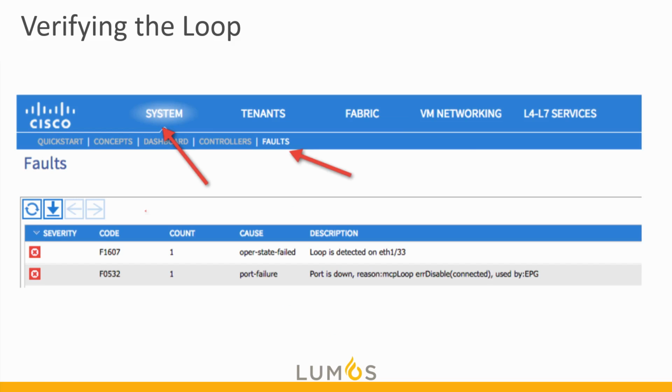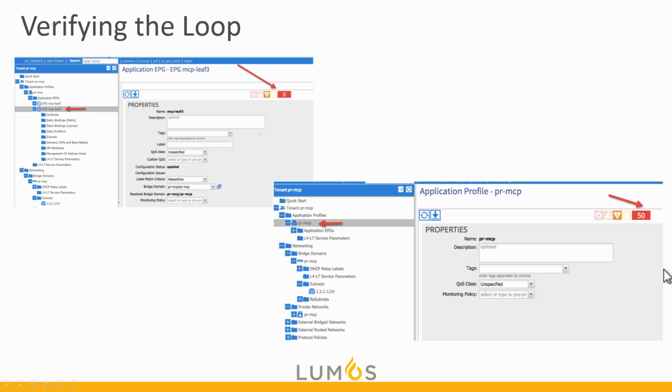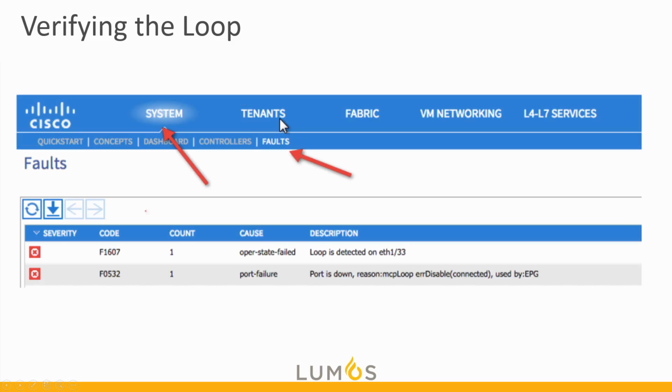And we can look under fabric policies. We could also look under our particular application profile, our tenant, our EPG, or we could even just look under system faults fabric wide. In all of those places, we would be able to detect that a loop was detected on ETH 1/33.